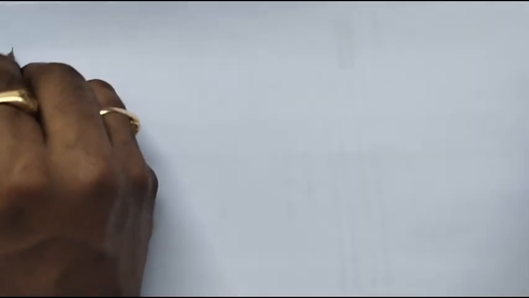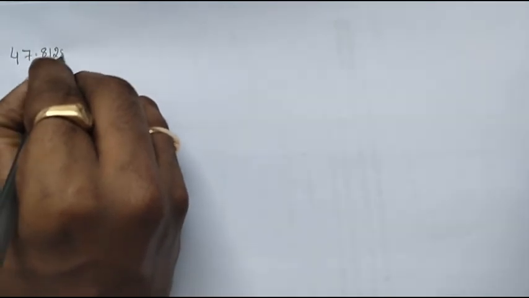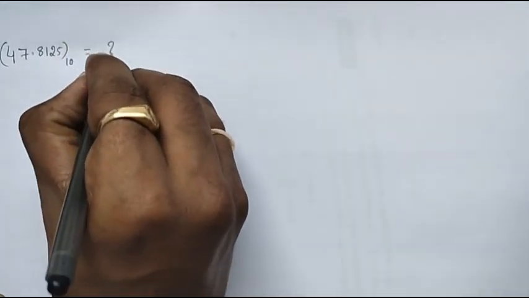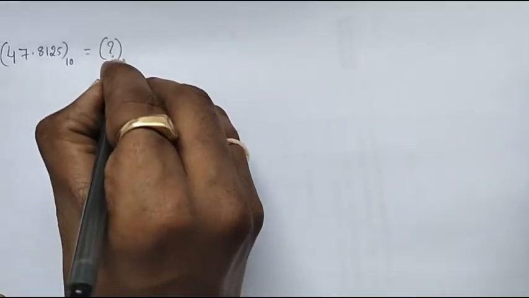Now let us see how to convert if the number has a fraction part. For example, the number 47.8125, which is in decimal. Now let us see how to convert this into binary. Here 47 is a full number and 0.8125 is a fraction number.